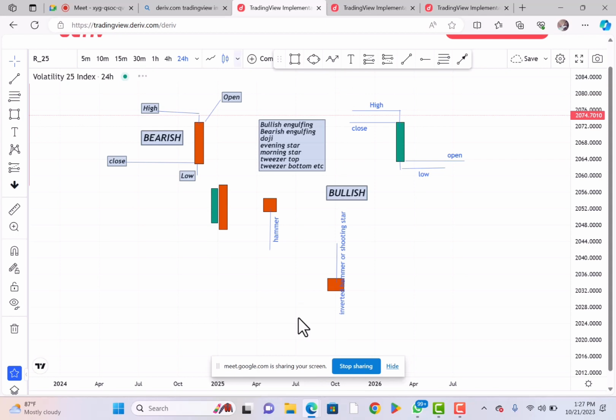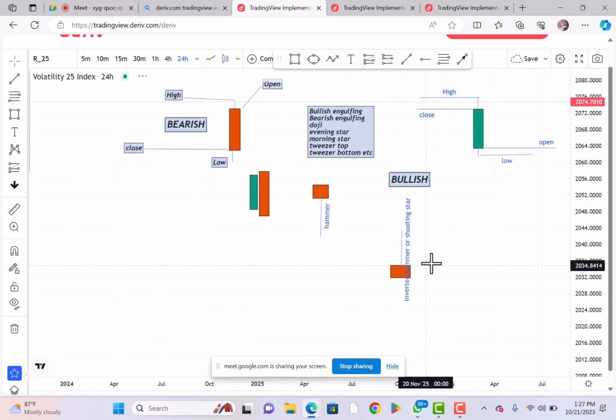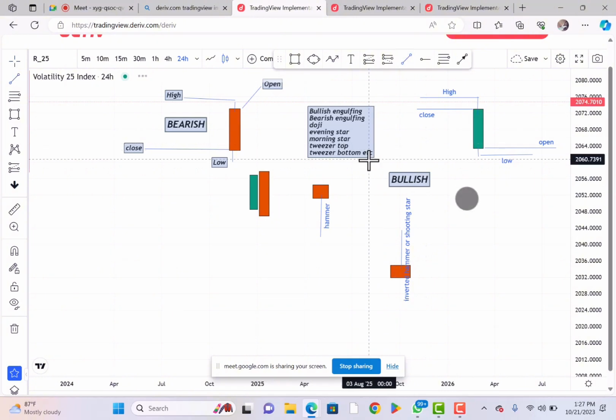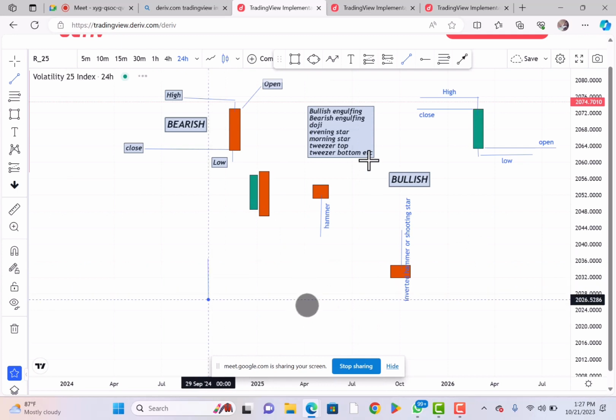So I believe you guys can see it clearly. You also have one that looks like just a cross. It's just something like this. All of these candles I'm drawing right now are the likes of the doji candle. You have something like this, and then probably a very tiny body.